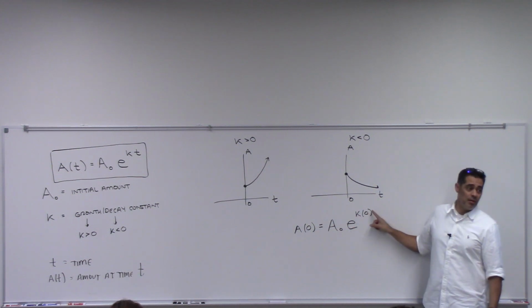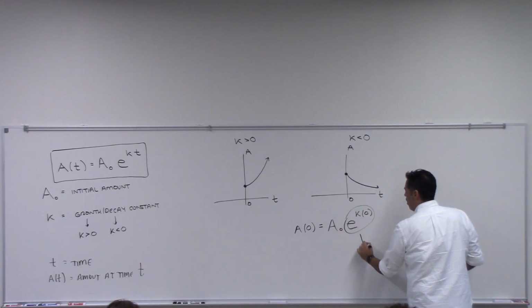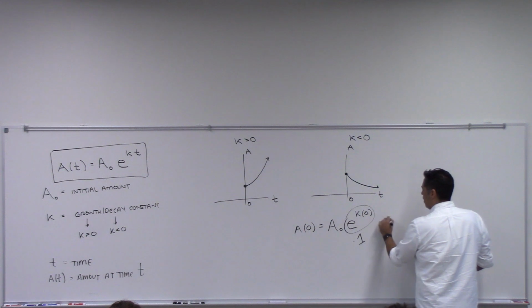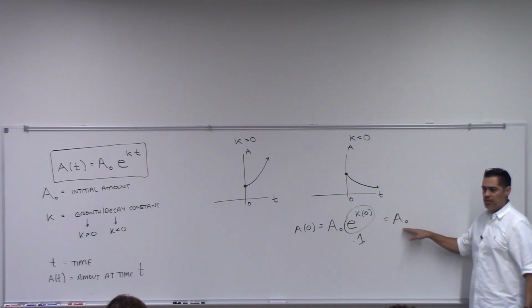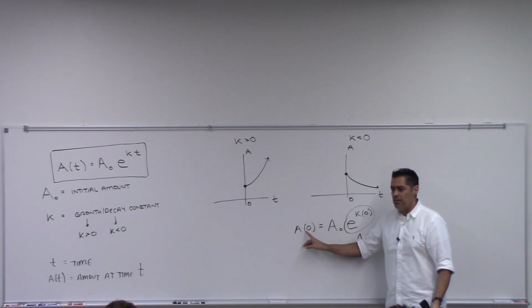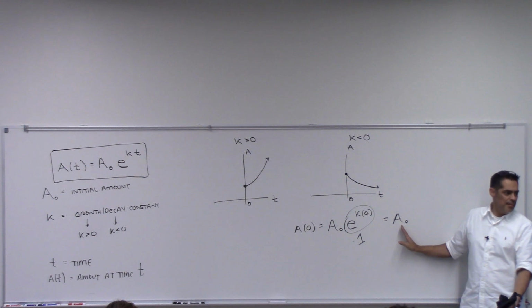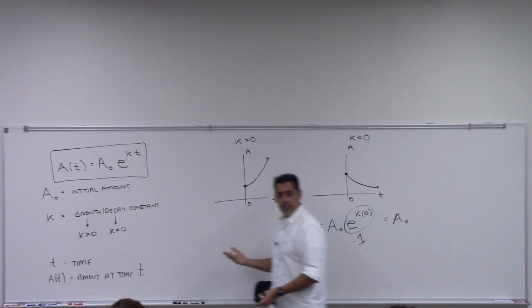And what's e to the 0? 1. So this turns out to just be 1, right? And then what's A sub 0 times 1? Just A sub 0, right? This is A naught. This is the amount that we start with. So you can see that at time 0, you have the amount you're starting at, right? And then from there, it's either going to be growth or decay.